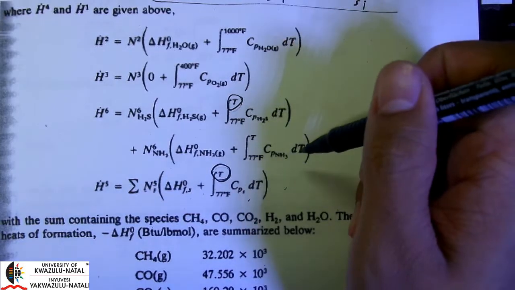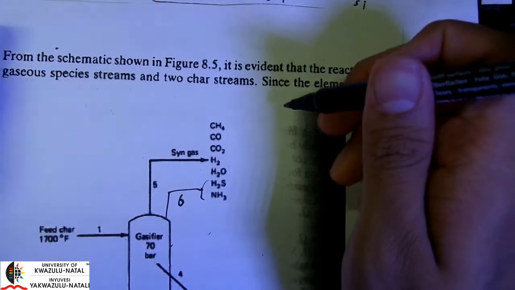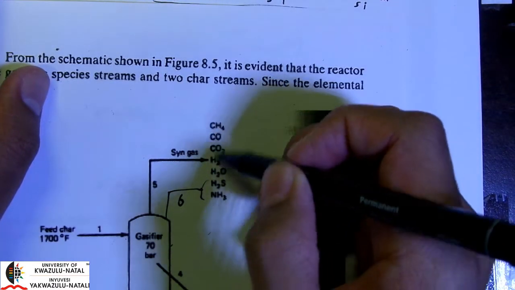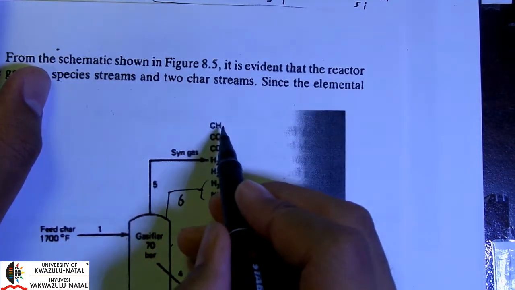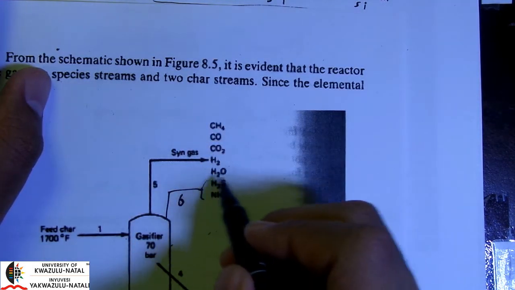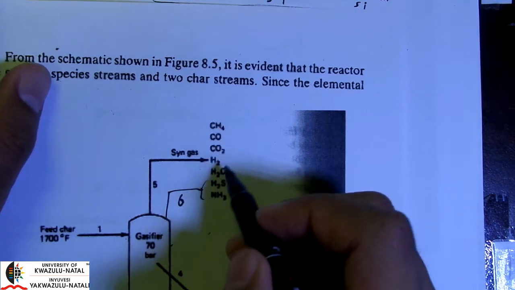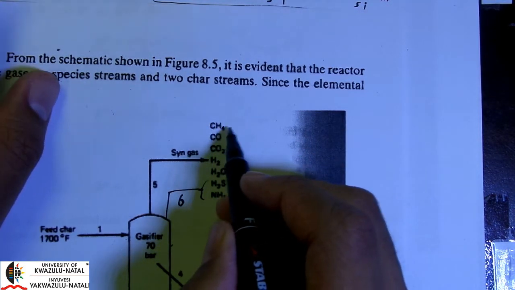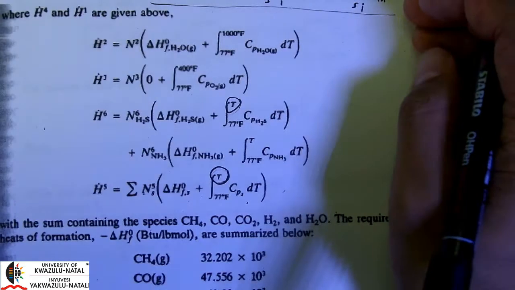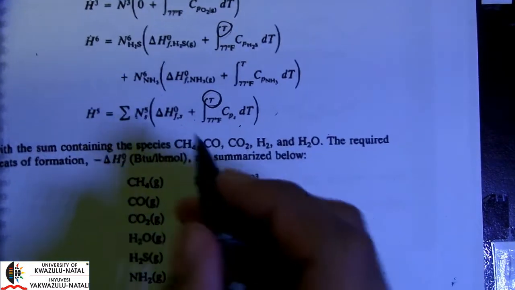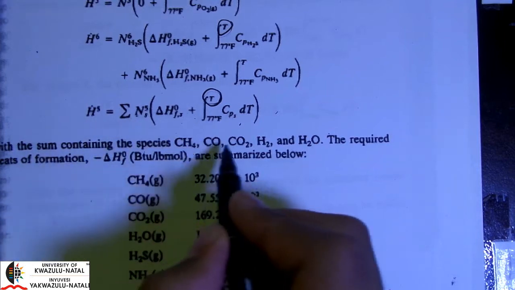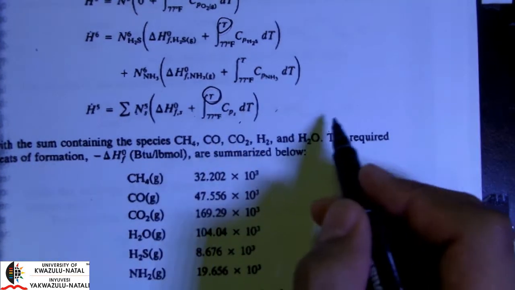And the most tedious would be to solve for the rest of my syngas components. Okay, so I need to retrieve the heats of formation of each of these species, and of course the Cp coefficients, the heat capacity coefficients, and I need to know the flow rate of each of these species in stream 5. Okay, so it's expressed here very briefly, but this is actually quite a tedious calculation if you open it out.